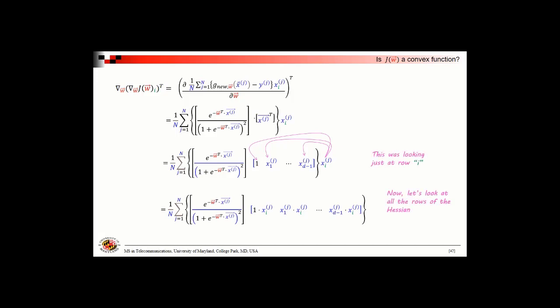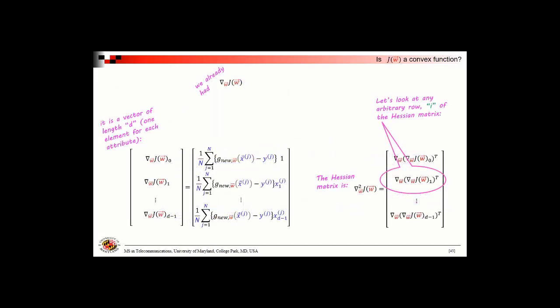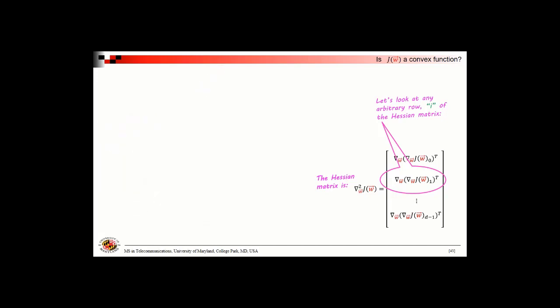Now, keep in mind, this was just looking at row i of this Hessian matrix. Let's look at all of the rows of the Hessian matrix together. Remember where we were a few slides back. We knew that we needed the Hessian matrix, which was the derivative of the gradient. And we said, let's just look at the ith row of this Hessian matrix, which we did.